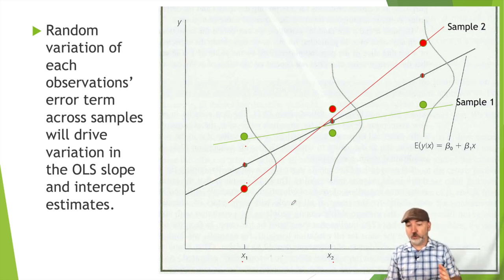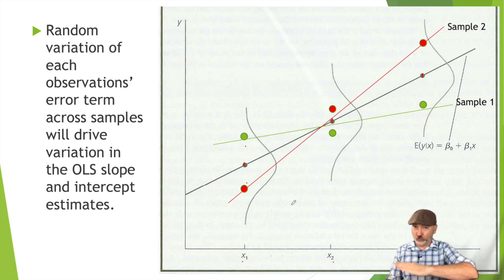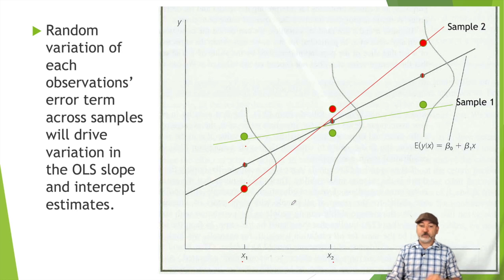Call it our sample 2. So this random variation that occurs across samples for each observation is going to generate what's really going to be important here, variability in our OLS estimation. Much more on that to come. But that's the way you want to think about the 0 mean random error. Each observation is going to play that part.